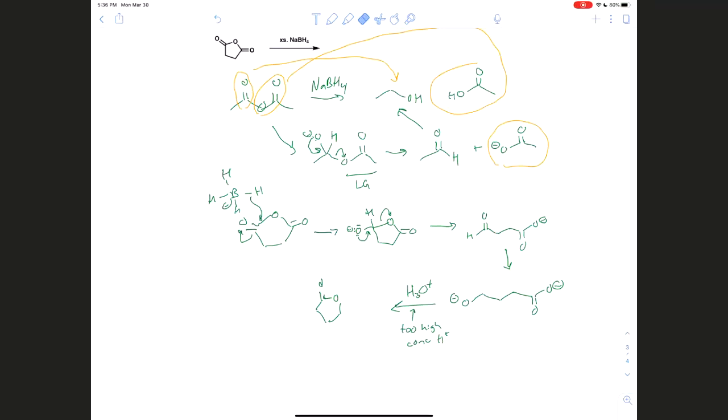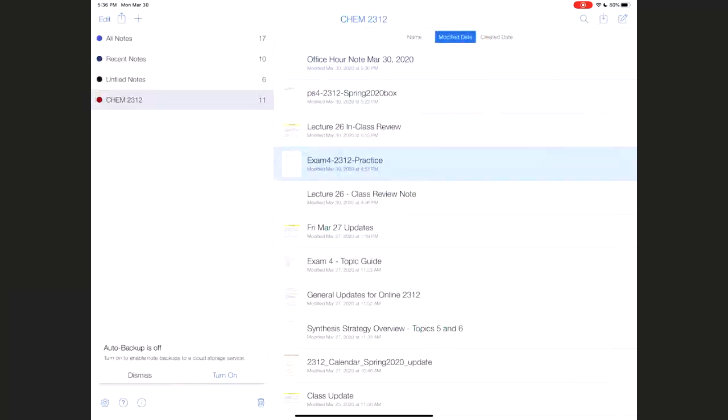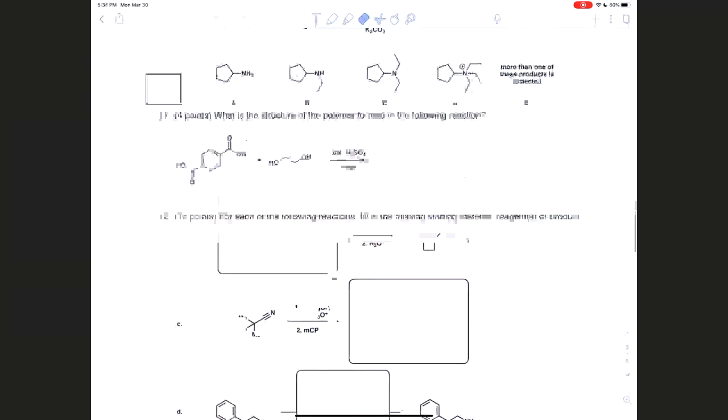Okay, 14B. Okay, I'm going to go back up because we had questions earlier. I want to make sure that I'm going somewhat in order. Wait, there was a question about number 4. Did we do 4? I'm going to go to the problem set either way and see.